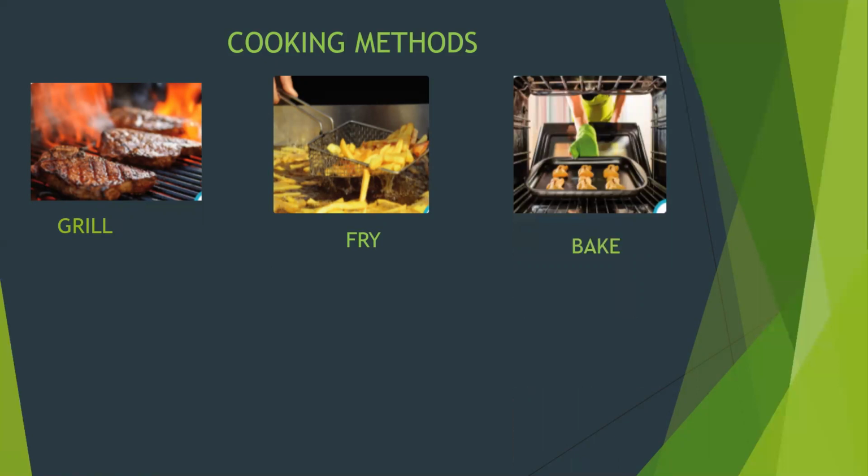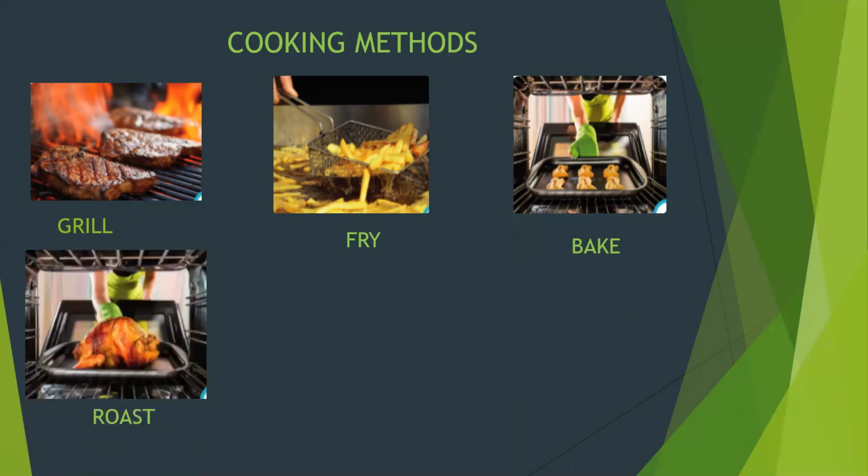To cook something such as bread or cake without liquid in an oven. And roast. To cook something such as meat without liquid in an oven. As you realize, bake and roast both mean nearly the same. Both of them mean cooking something without liquid in an oven.